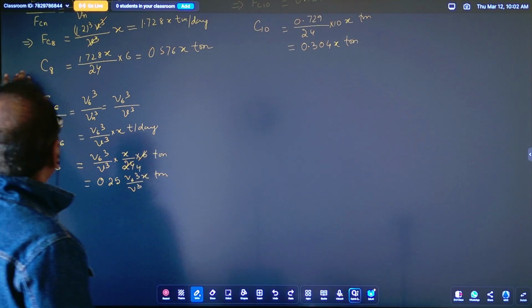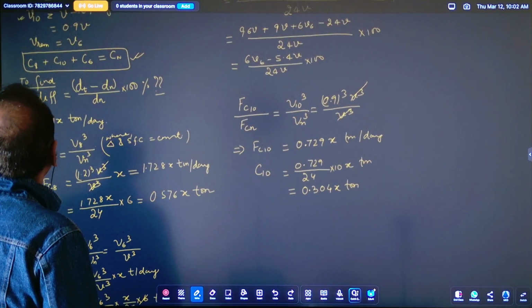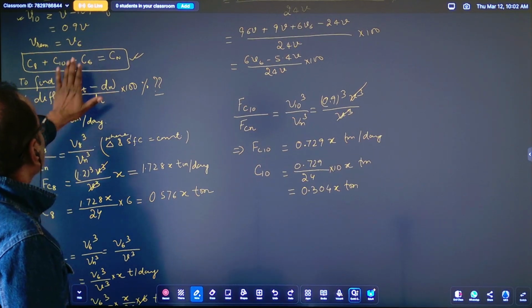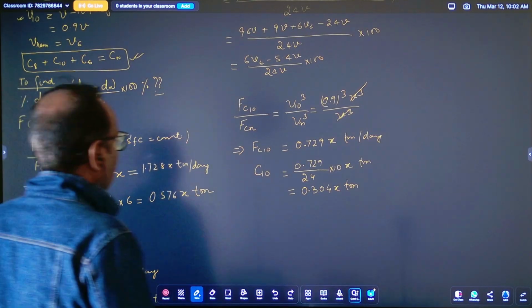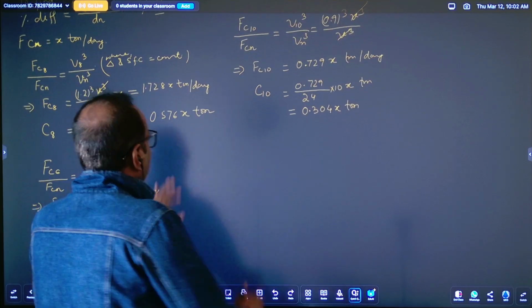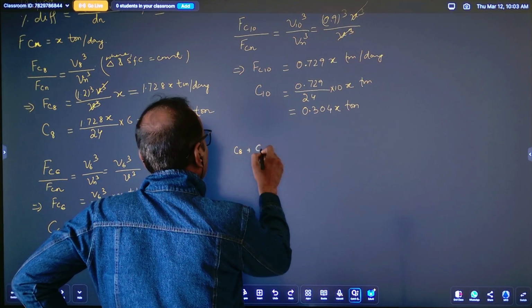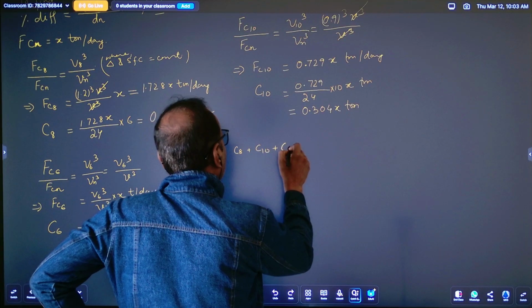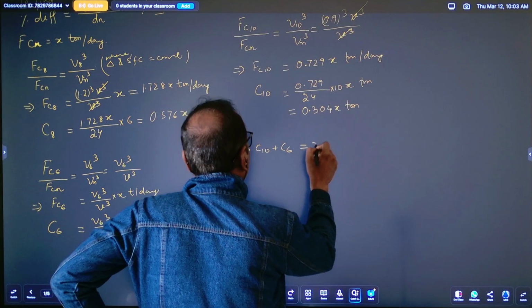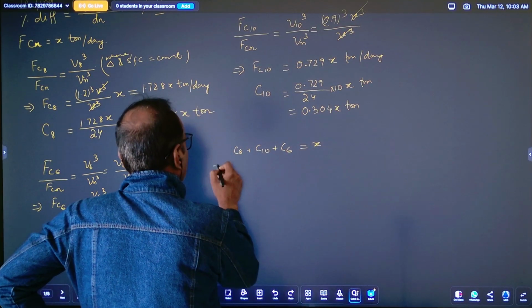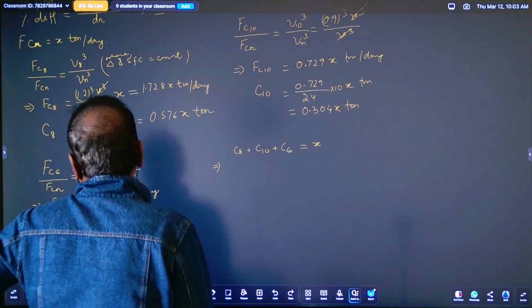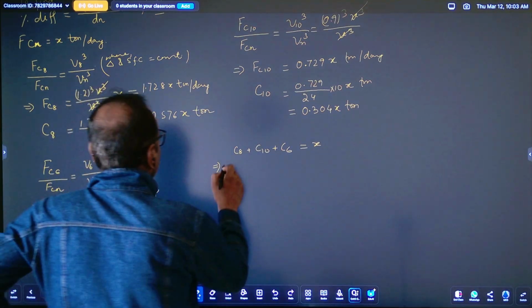Now use this condition: C8 plus C10 plus C6 is equal to X10. So C8 is how much? 0.576x.